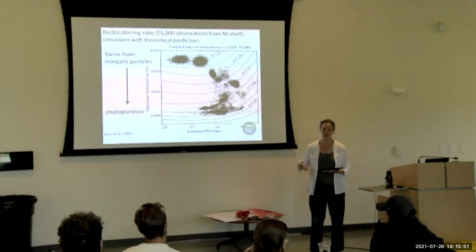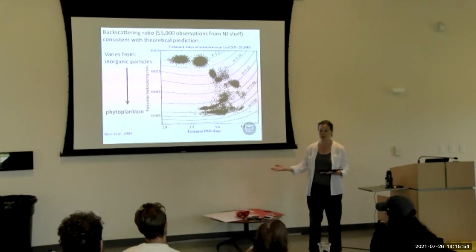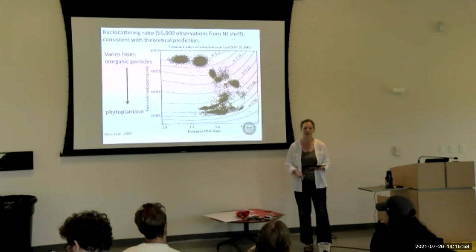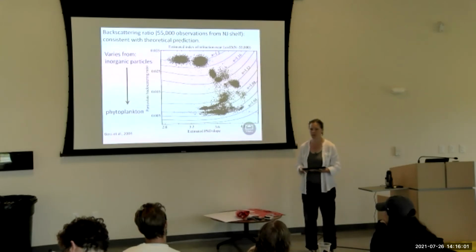So this is a case where we have a lot of dynamic range through all these different particle types, and we see broad, consistent agreement with the predictions from Mie theory.